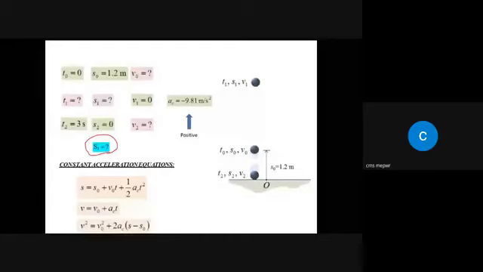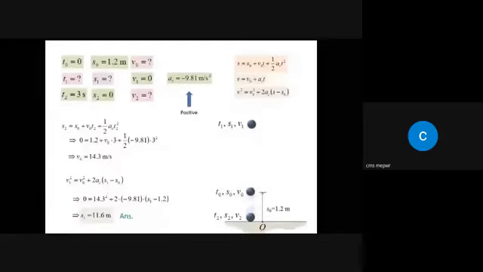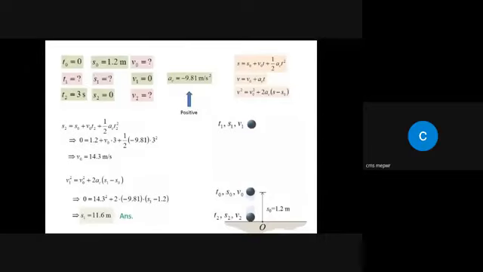Okay. So again, we have these values. For example, what I need to find out is the distance S1. So you need to look at whether I can find this distance directly or not. I have T naught, which is 0. I have S naught, and I don't have V naught. So can I find this V naught?